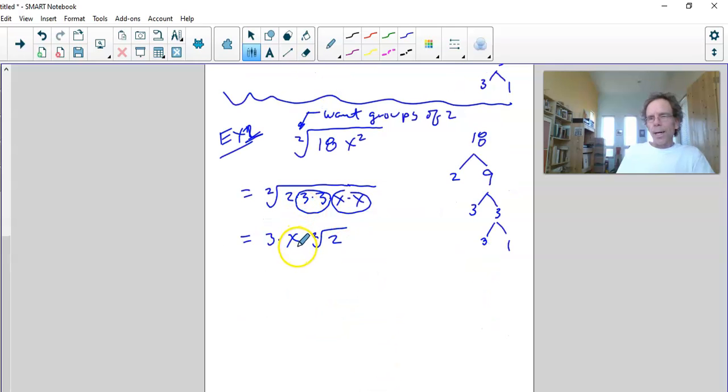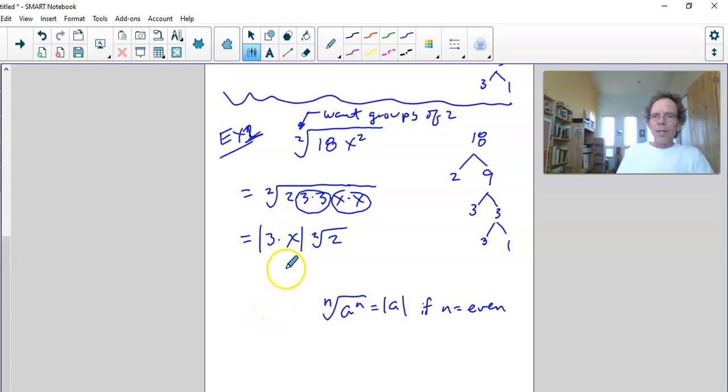Now there's one thing I haven't done. I've made a little mistake at this stage of the game. If you remember, if you have an even index, so the nth root of a to the n, and n is even, then you have to have an absolute value on the result. So I need absolute value around this 3 and this x.